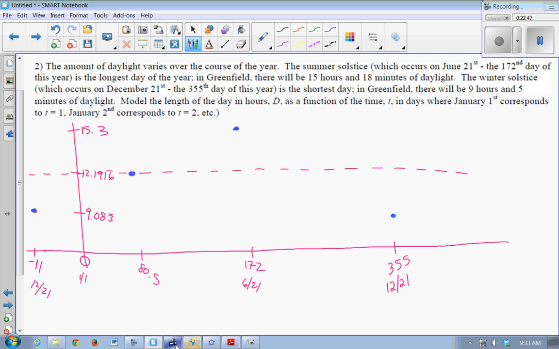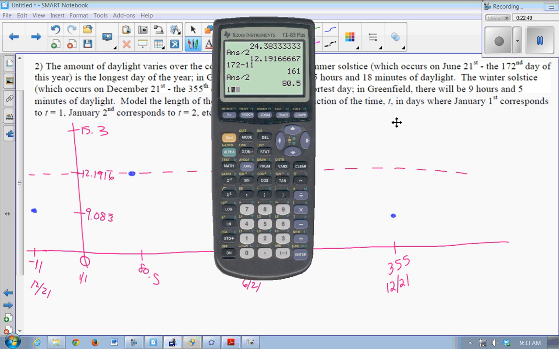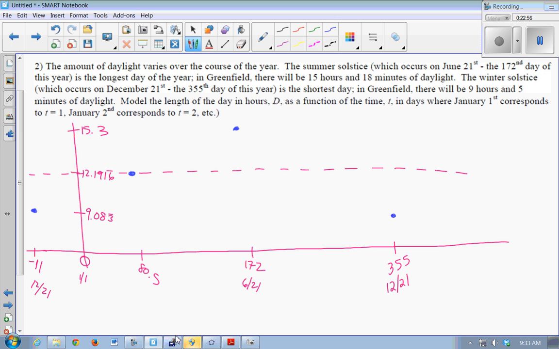And then halfway between 172 and 355 is 263.5. So these would be the equinoxes, right? Spring and fall equinox. Now I can connect these with a nice smooth sinusoidal looking curve.